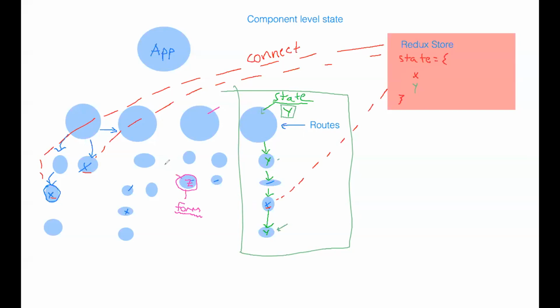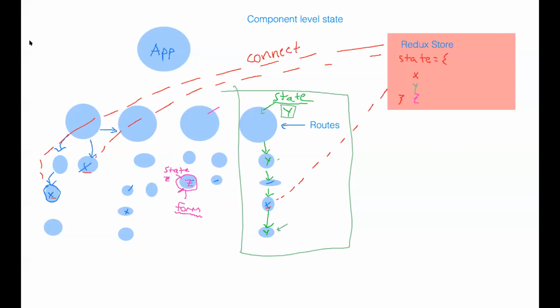We're going to make this a stateful component to manage that form state. We're not going to put that into Redux. That would be too much extra work to just handle state for this one single component.